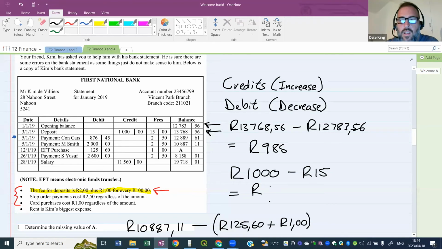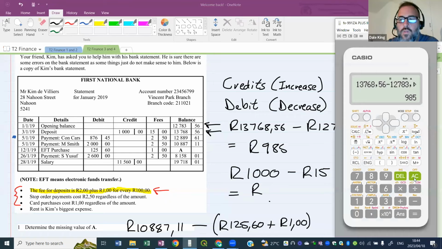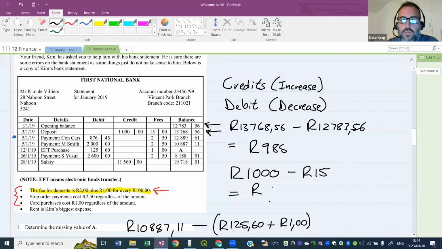So let's see what it is. 1,000 minus 15 is also 985. So what's happened is that the bank balance change is 985.